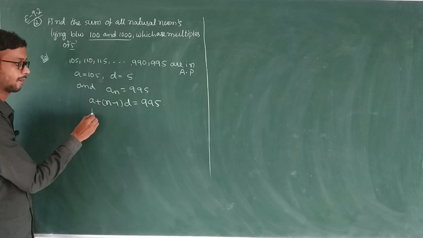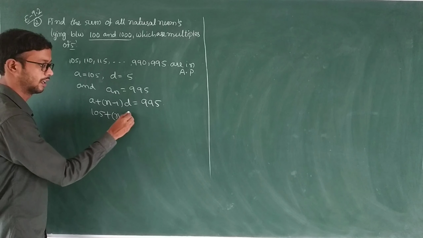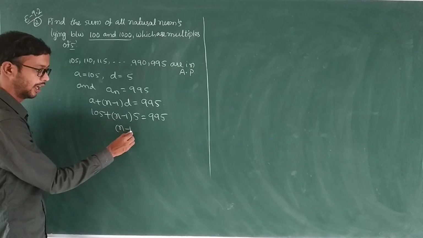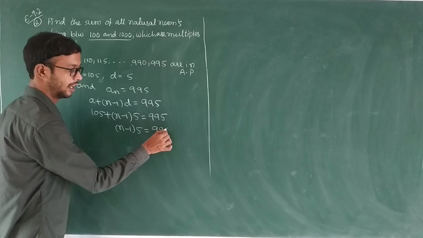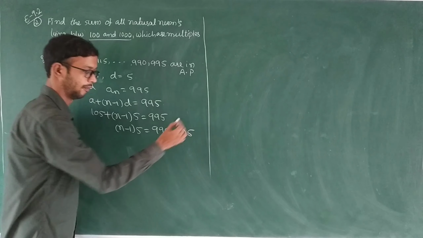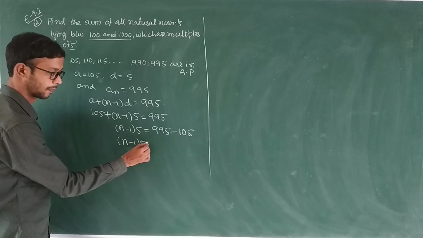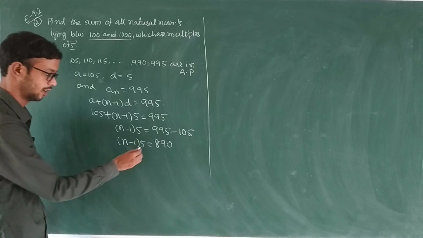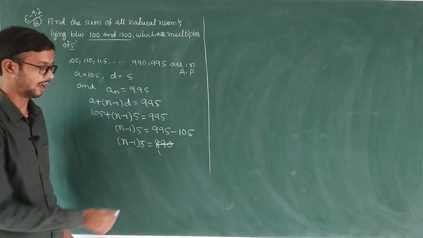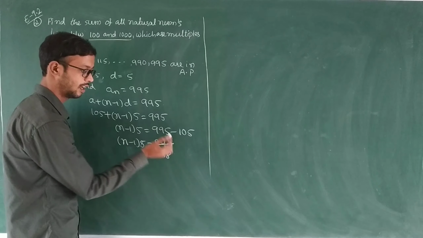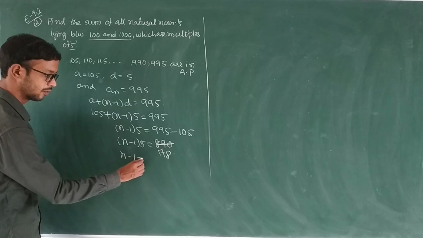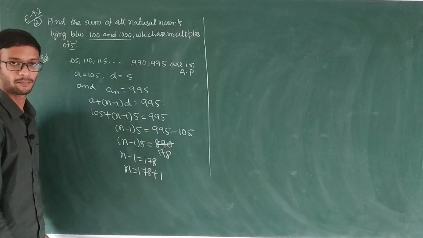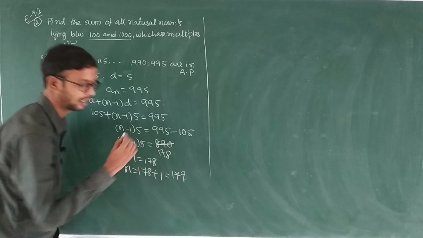So 105 plus n minus 1 into 5 is equal to 995. n minus 1 into 5 is 995 minus 105, which is 890. 5 ones are 5, 5 sevens are 35, 5 eights are 40. n minus 1 is equal to 178, n is equal to 178 plus 1, that is 179.